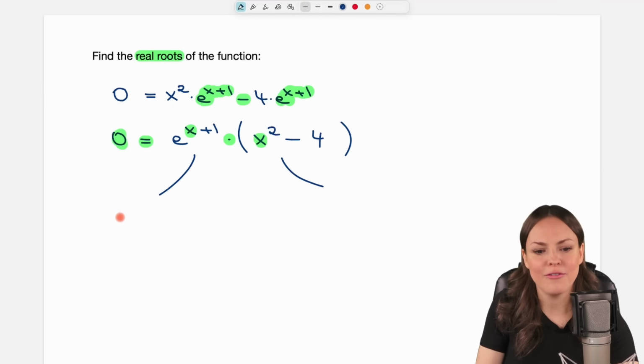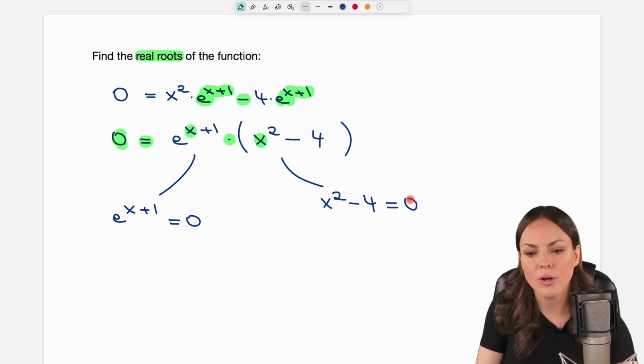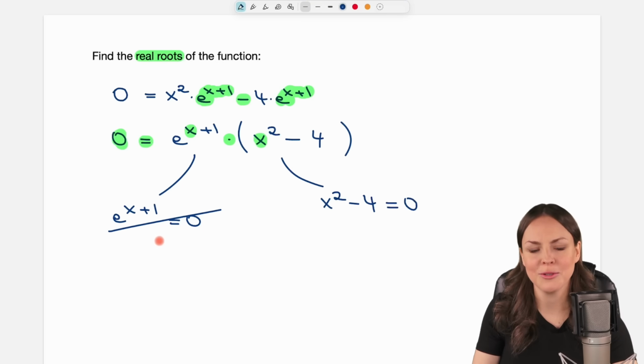We take our first part, e to the power of x plus 1, and set it equal to 0. And we do the same thing with the second part and also set it equal to 0. And now we solve these equations separately. E to the power of something is equal to 0. Nope. Doesn't work. We don't get any solutions here.